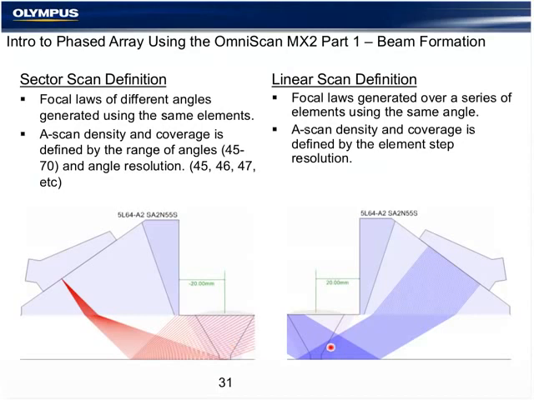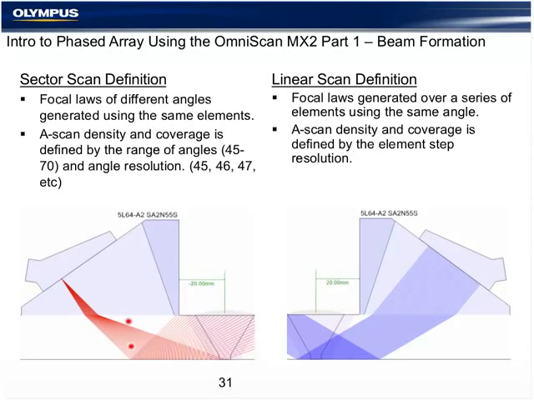A sector scan group fires all of the A-scans or focal laws from one group of elements. They will have a different exit point because the angle is slightly different, but for the most part, it's one group of elements forming the 45, the 46, the 47, the 48.